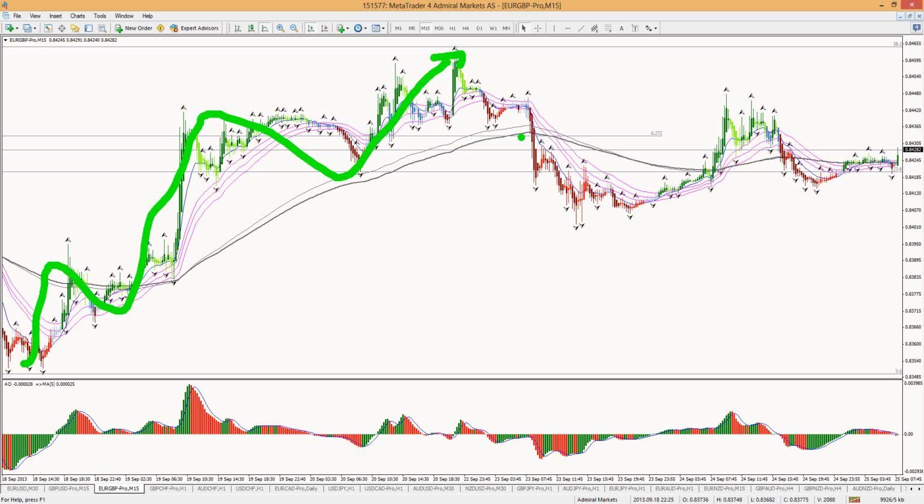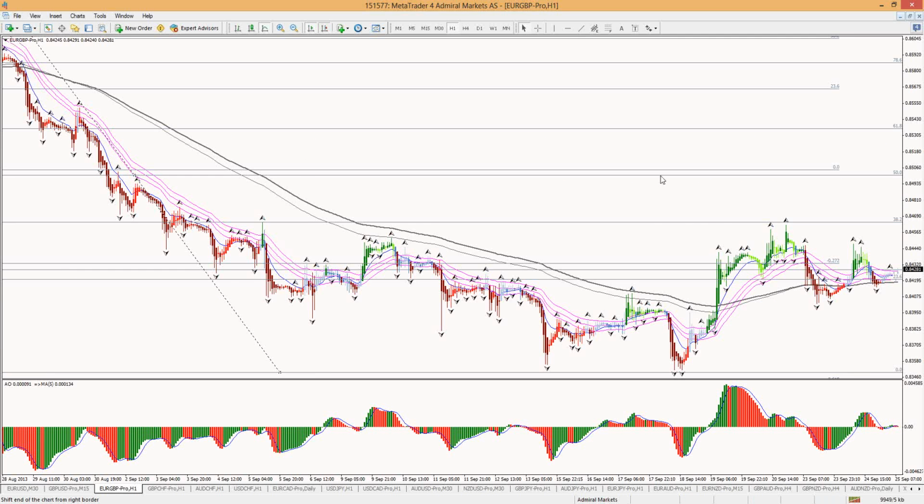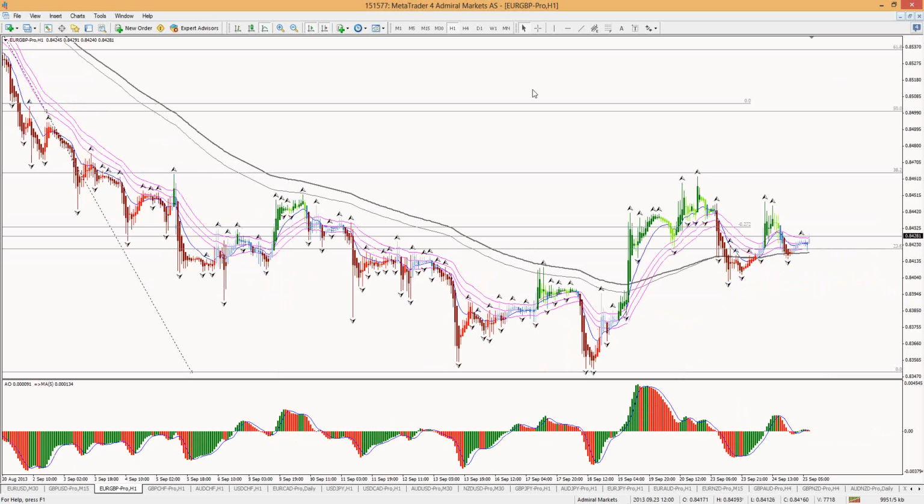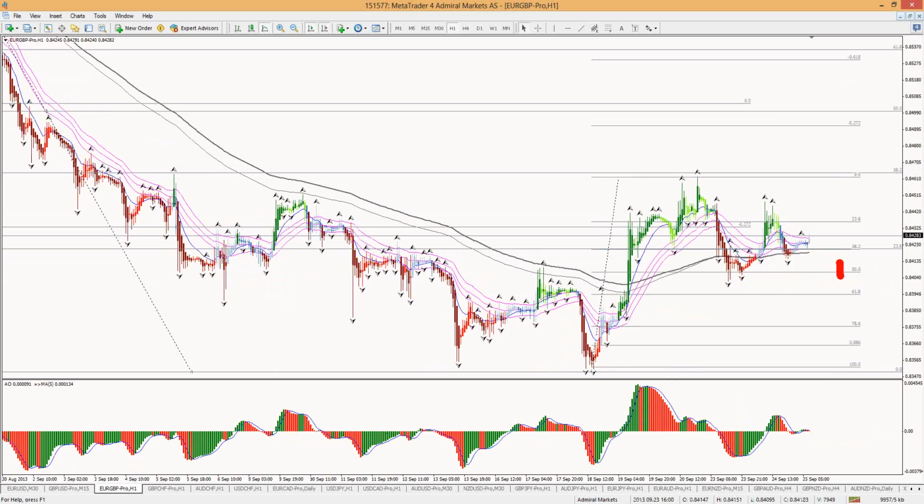So basically, we could expect maybe an ABC. Let's take a look at the 1 hour chart. And if we put a fib on this first up move, we stopped at the 50 fib. So we can put a trend line easily on the top here, and maybe even on the bottoms like this.